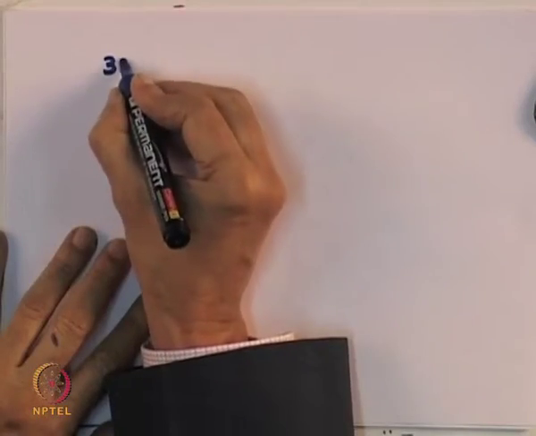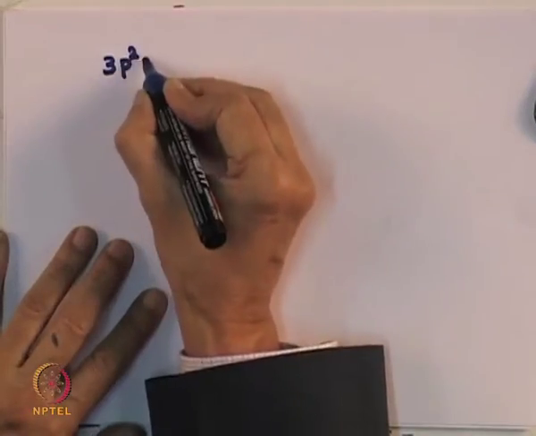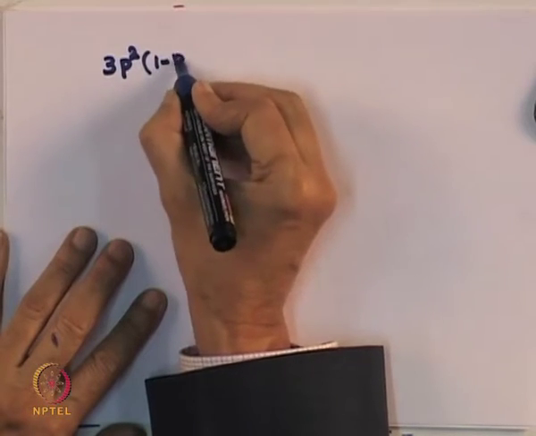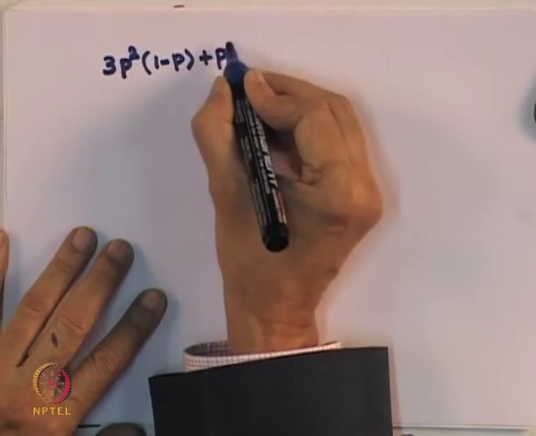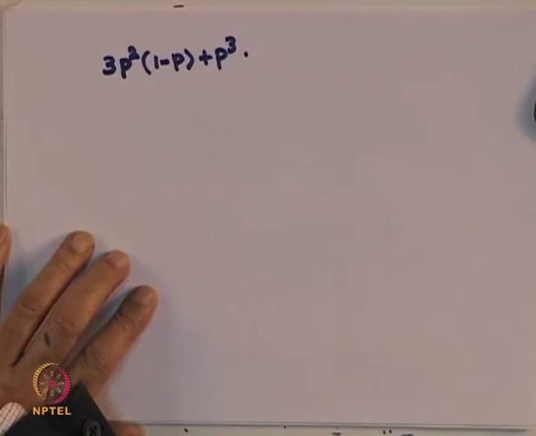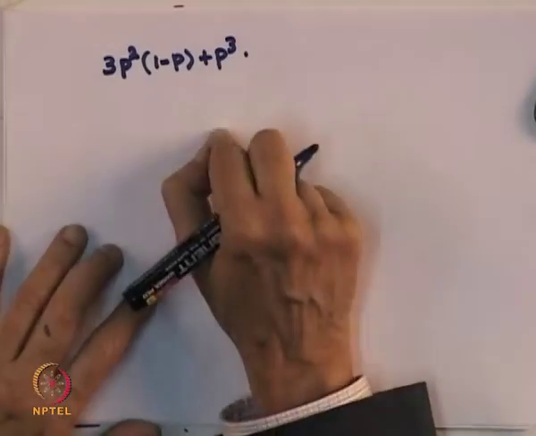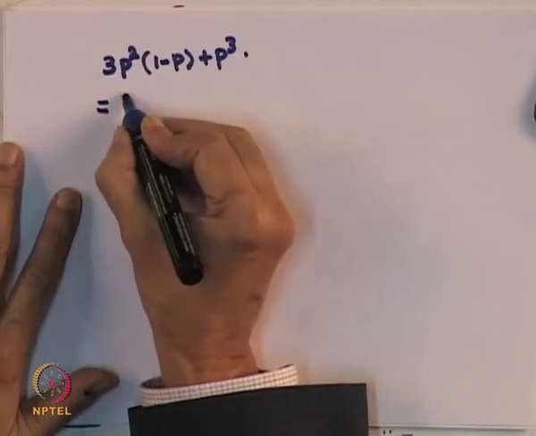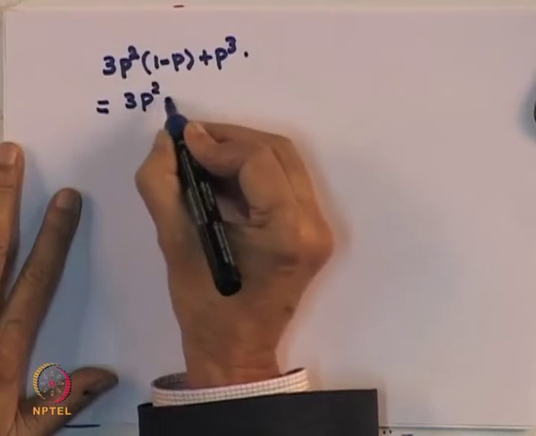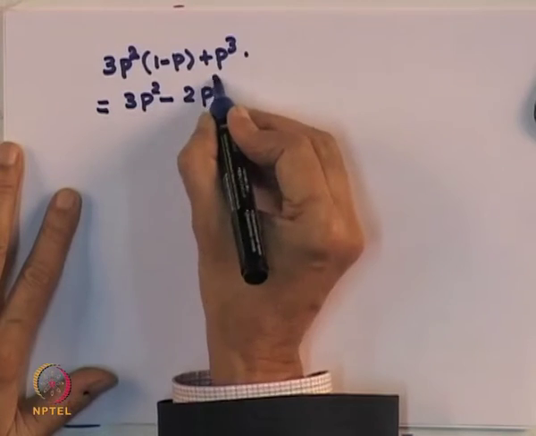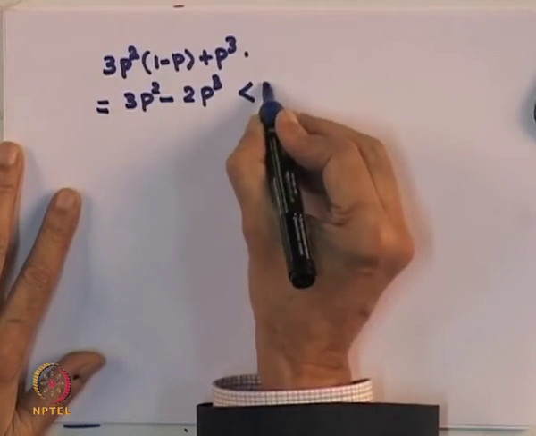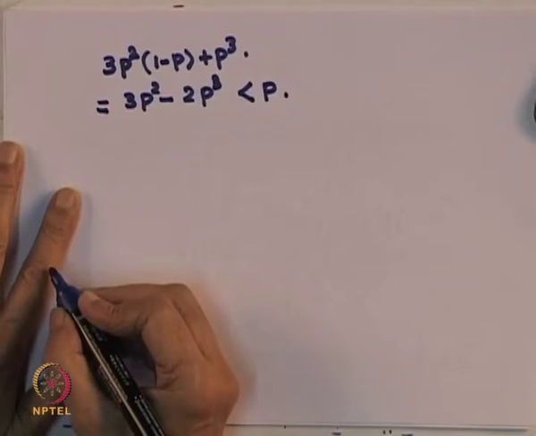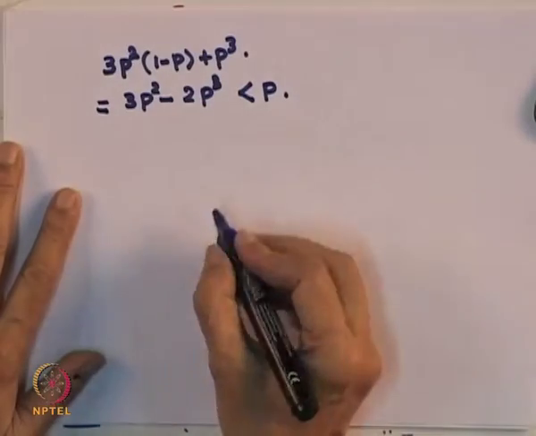Firstly, the probability of that happening is 3p square into (1 minus p) plus p cube. This is the total correction. So, if you add it up, it becomes 3p square minus 2p cube, which is less than p if p is less than half.